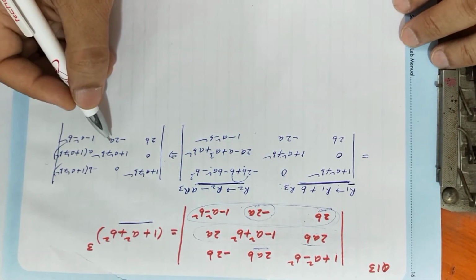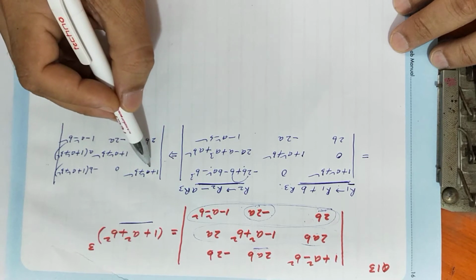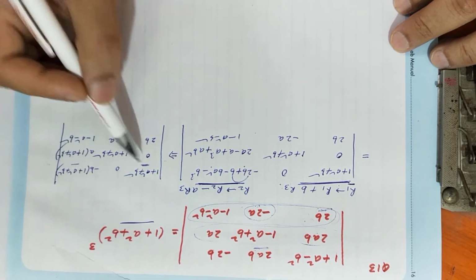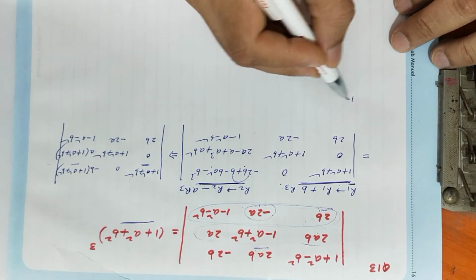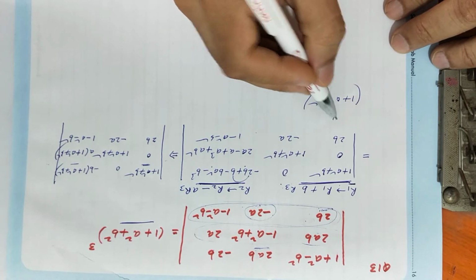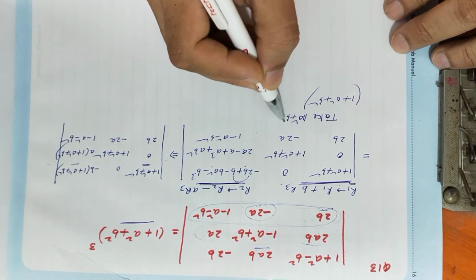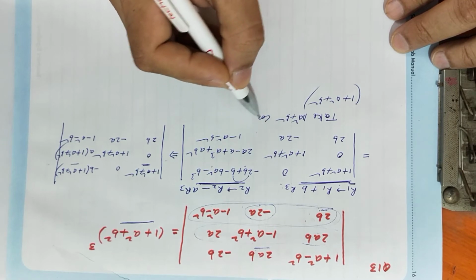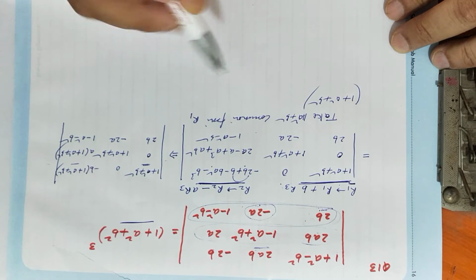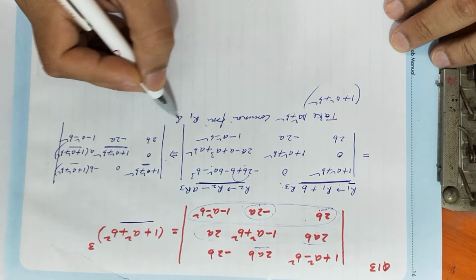Okay, now look carefully. 1 + a² + b² here, 1 + a² + b² here. We can take 1 + a² + b² common from R1, and we can take the same thing common from R2 also.